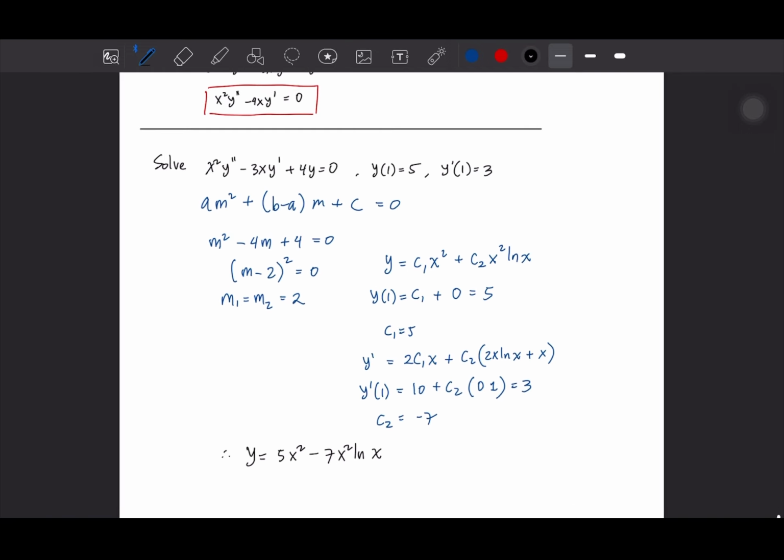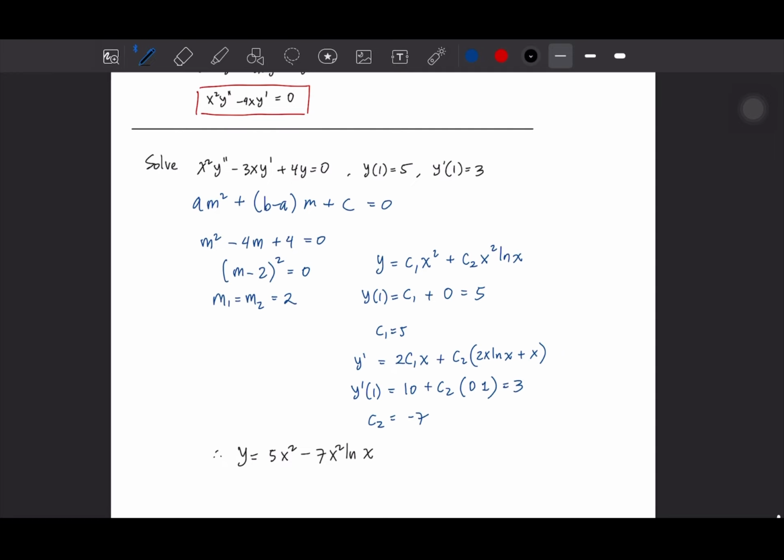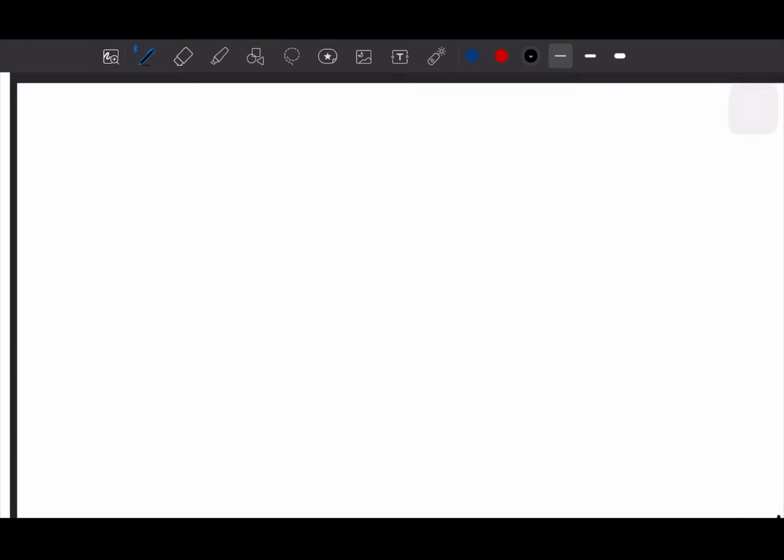Next part, if you have taken notes. Let's say y double prime minus 2y prime plus 2y equals e^x tangent x.